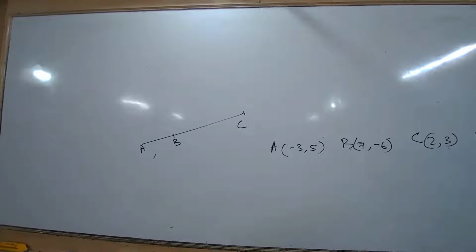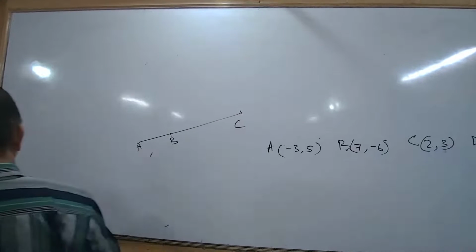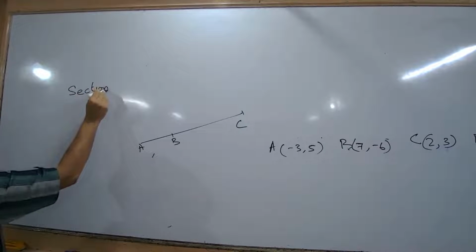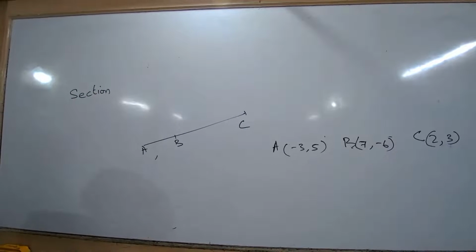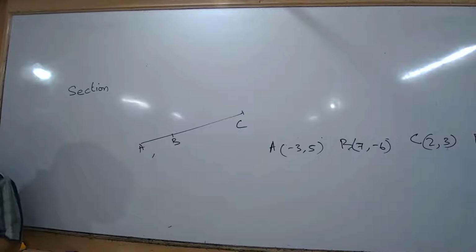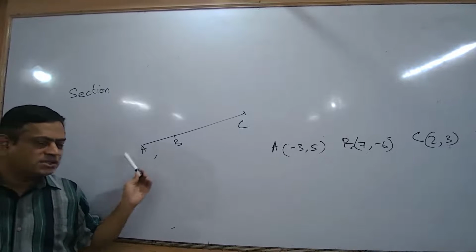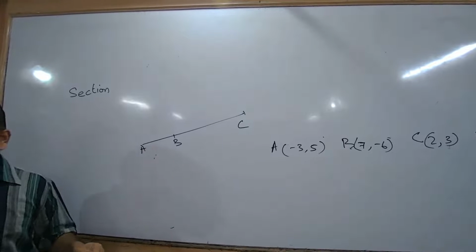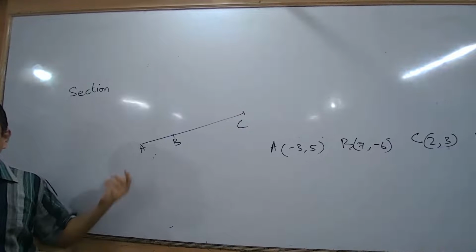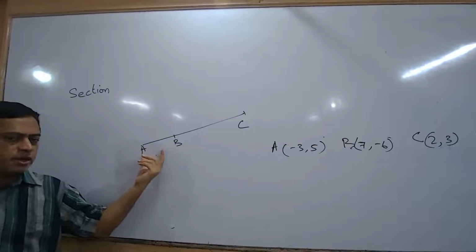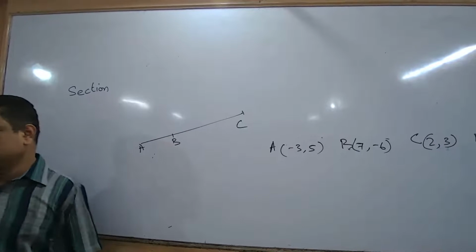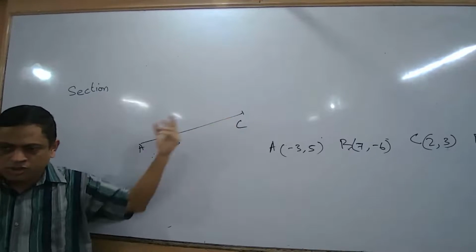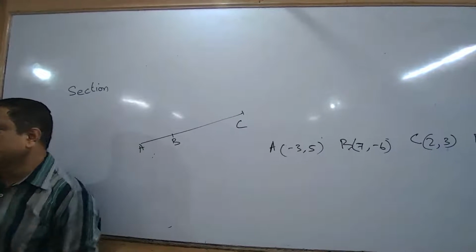Next, we have to do the section formula. Section formula means division. B divides AC in what ratio? 1:2. How do you know 1:2? The ratio AB is to BC. B divides AC in what ratio? AB is to BC.